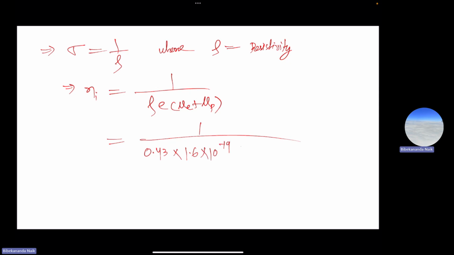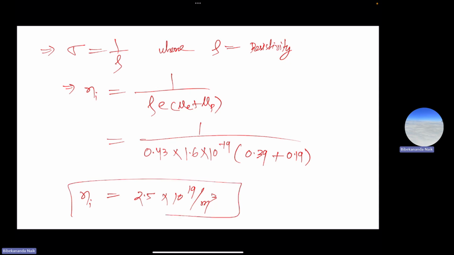Then the mobility of electron is 0.39 and the mobility of hole is 0.19. So if you calculate it, it will give you 2.5 into 10 to the power 19 per meter cube.